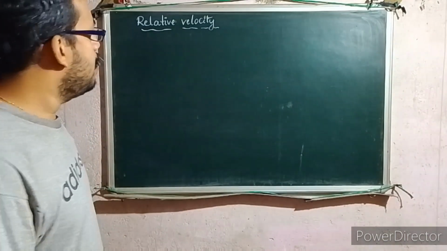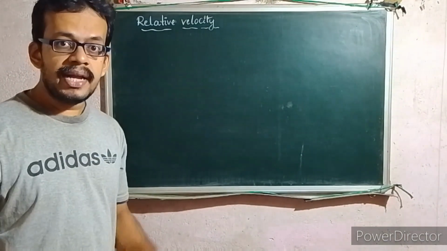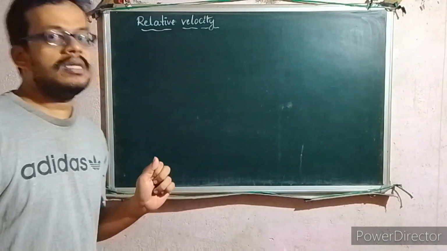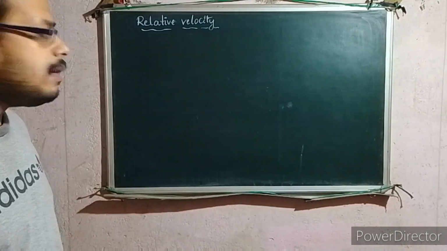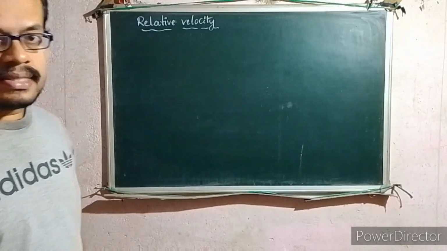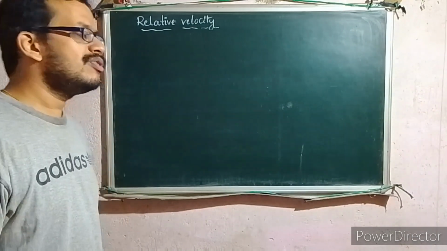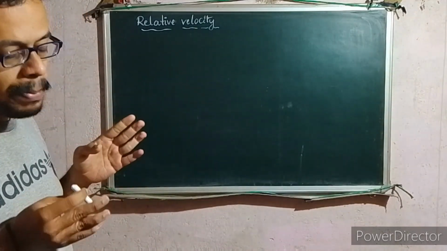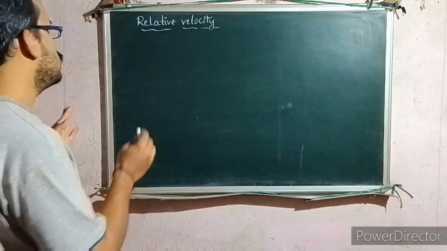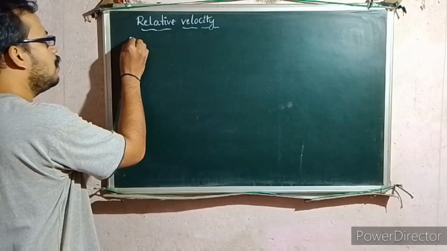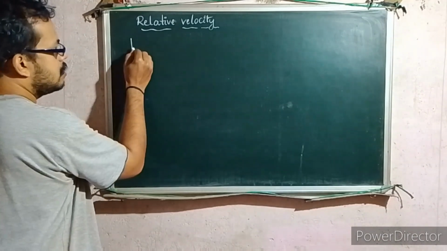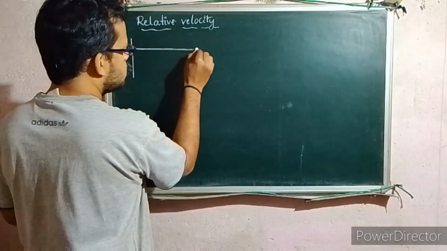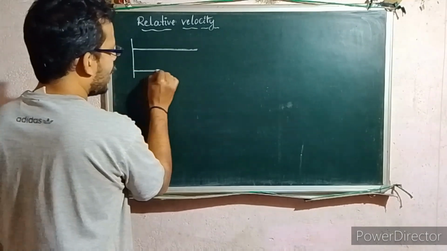Now we are trying to write equations for relative velocity. So for that we will consider the situations of two trains moving along two parallel tracks. So I will draw the situation now. That is, just imagine these two are parallel tracks.